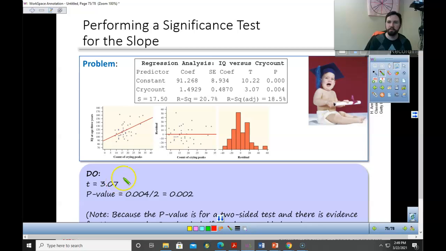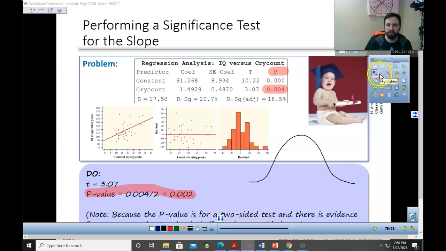Our t-value is 3.07 if you're looking at the chart, because our degrees of freedom was 36. Right? And we're doing 95% confidence. But what's important here is our p-value is on the table. It's on the table, the changing table, some would say. The p-value is on the table. We do have to divide it by 2 because that p-value is for 2 tails.